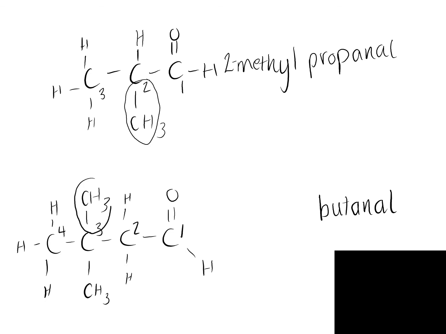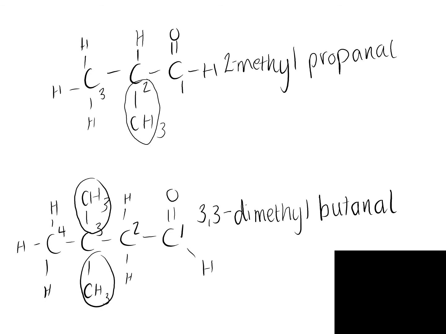I have got 2 branches on carbon 3, so it's going to be 3,3. For 2 I need a prefix, so it's going to be di. And I have 1 carbon in each branch, so it's going to be dimethyl. 3,3-dimethylbutanal.